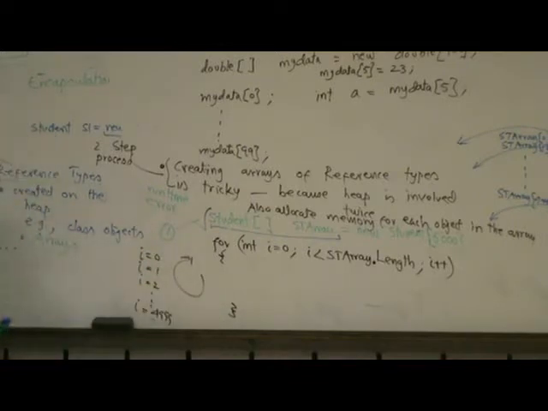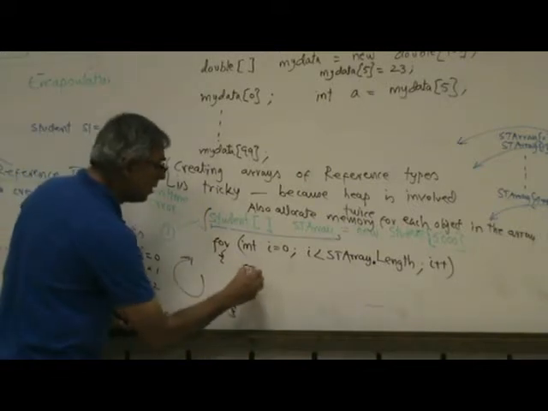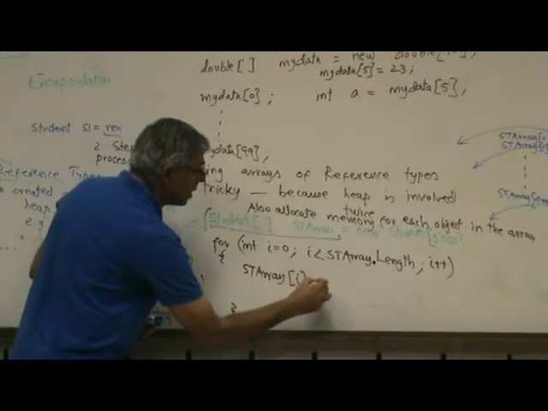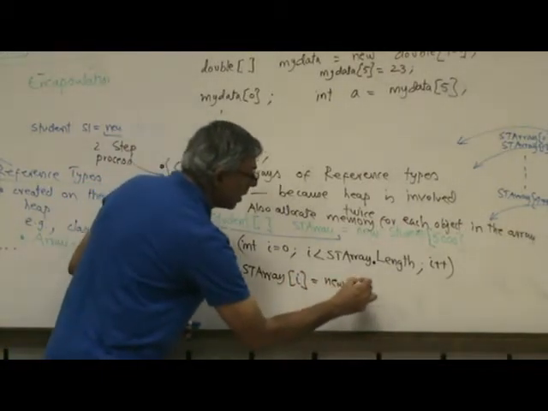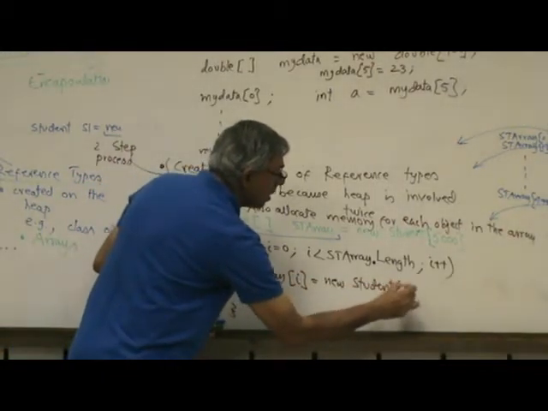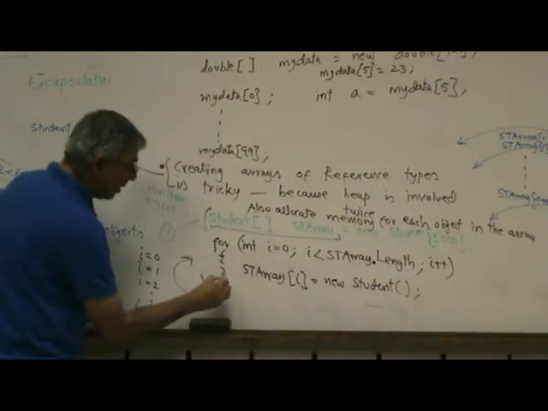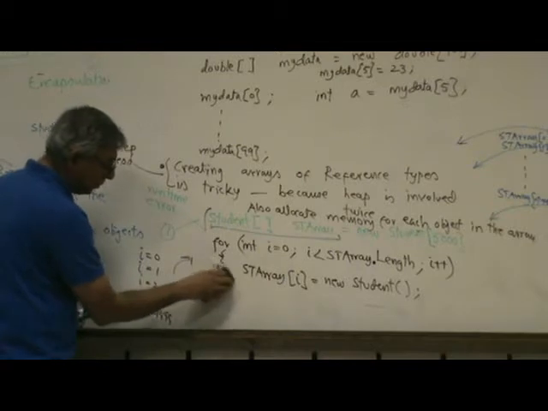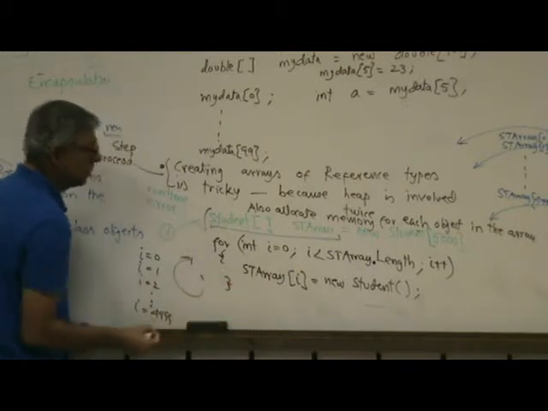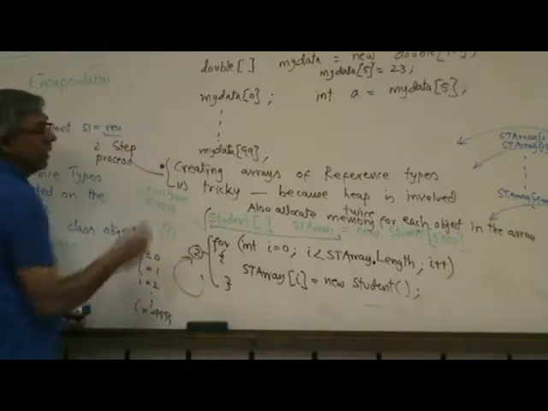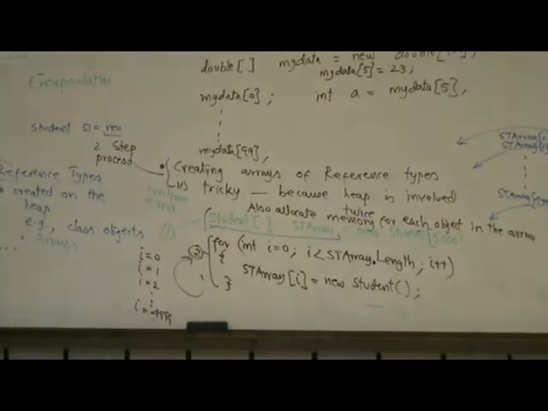So now we have to allocate memory for each student. So how will we do that? All we have to do is stArray of I equal to new student. So this will end up allocating memory for each student. So this is our step 2 of the creation process for an array of reference types.